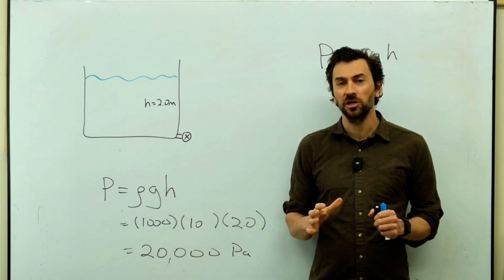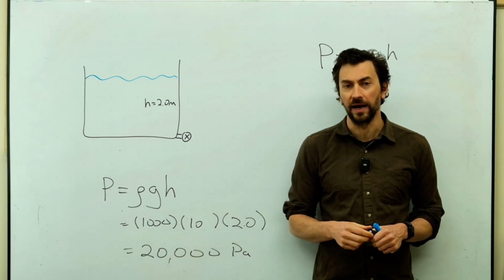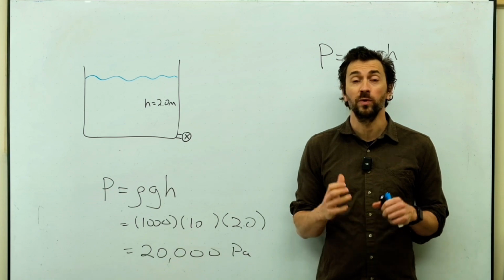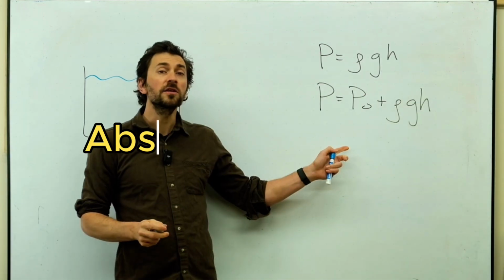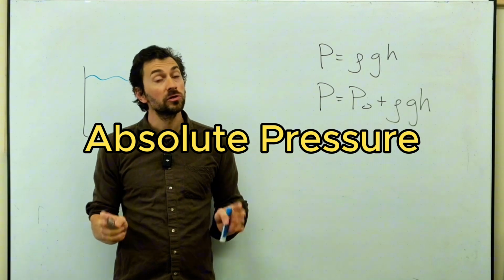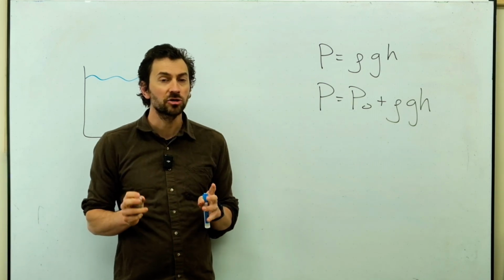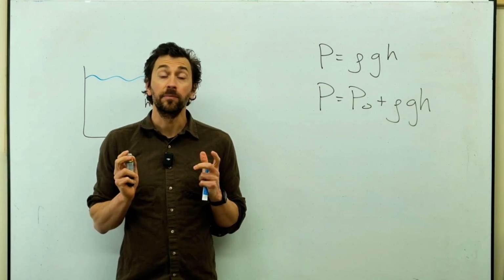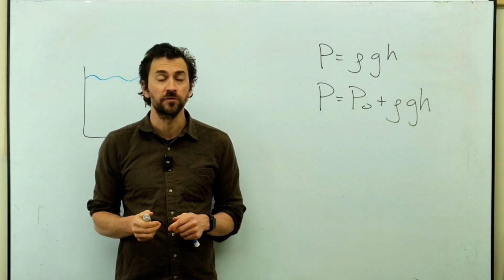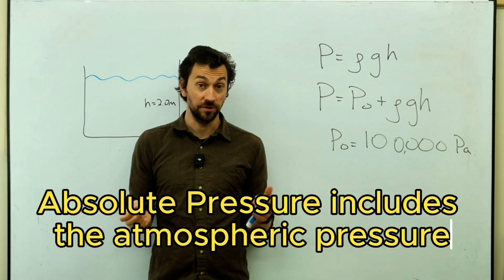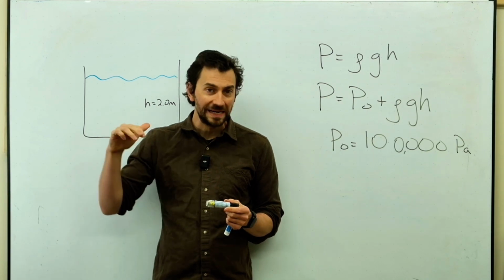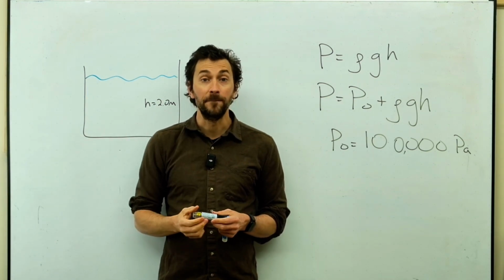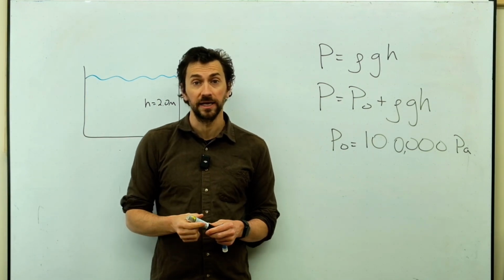Now, this is actually sort of not correct because we need to consider the pressure due to the atmosphere as well. This formula we call absolute pressure, and we add a term at the beginning, P naught. And P naught is the pressure that comes from the atmosphere, 100,000 pascals. So if we think about this tank of water, there is all this air above the water also pressing down.